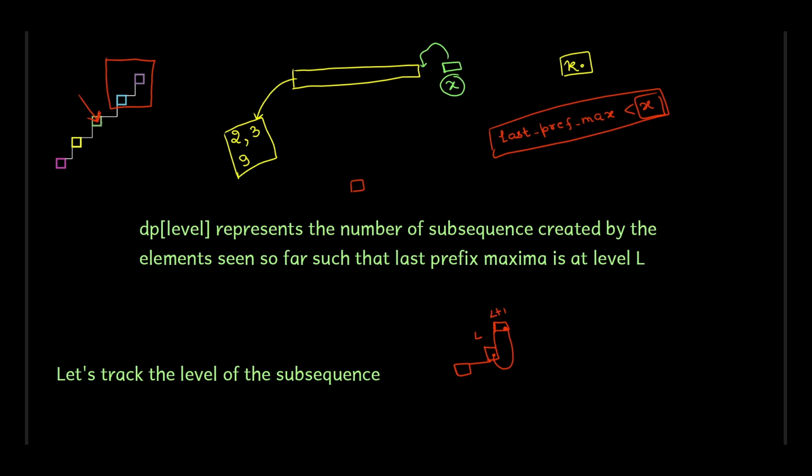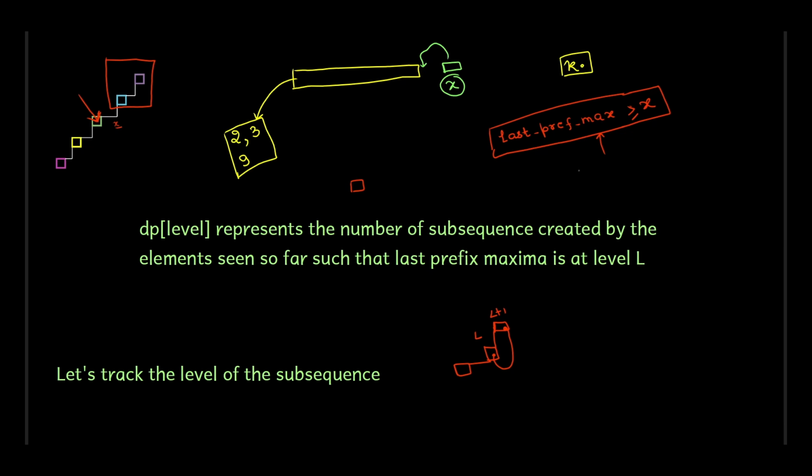If you place x over here, this green box will still be the prefix maximum because this green box is bigger. So if the last maxima was greater than x, then our strategy is simple. You can take that element if you want, and your level will not change. Even if it is equal to x, you can take it and your level will not change.